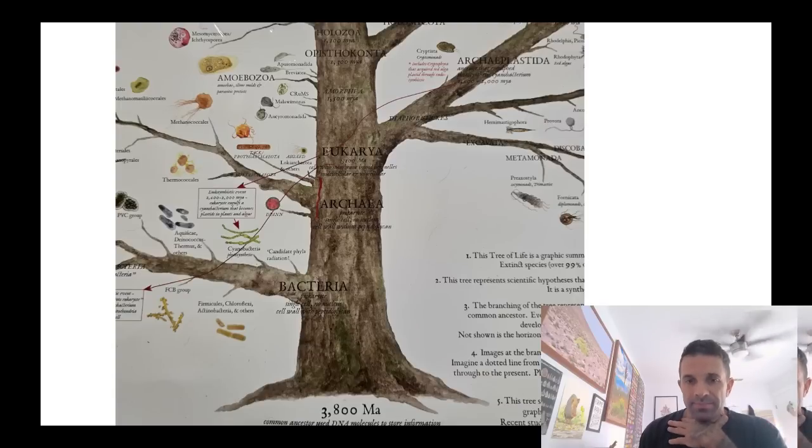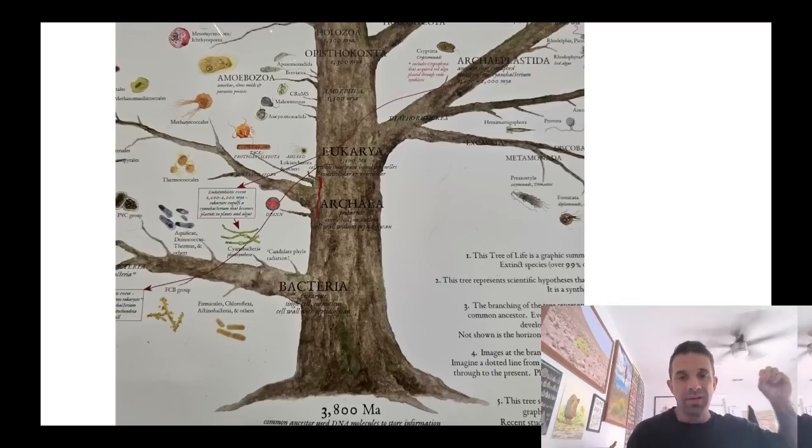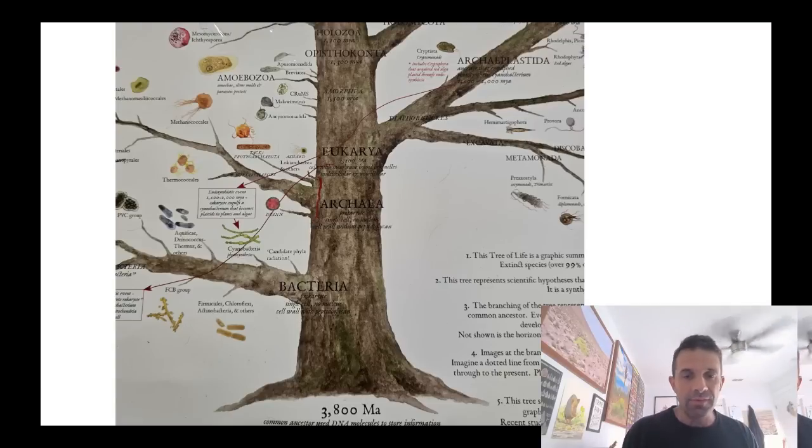So, anyway, you can see down here at the base of the tree, bacteria and archaea, the archaea being the extremophiles that grow in places like the hot springs of Yellowstone and hydrothermal vents. This wasn't even known to be a separate clade until the 70s or 80s, when DNA revealed that archaea were not just bacteria. They're extremophiles with a totally unique genetic code.